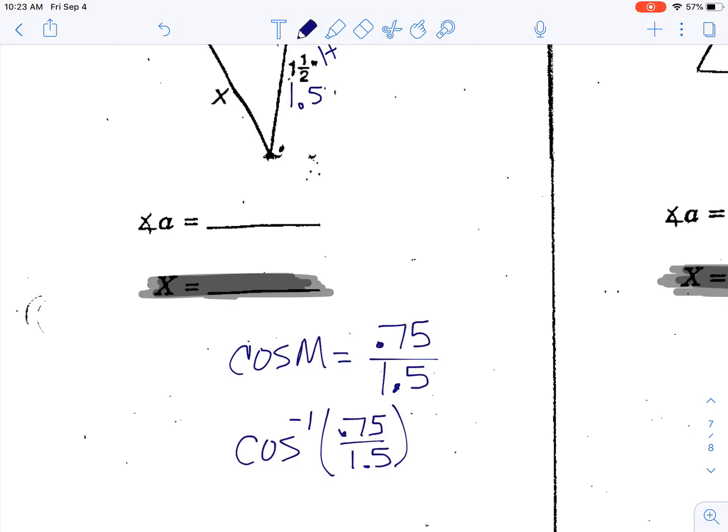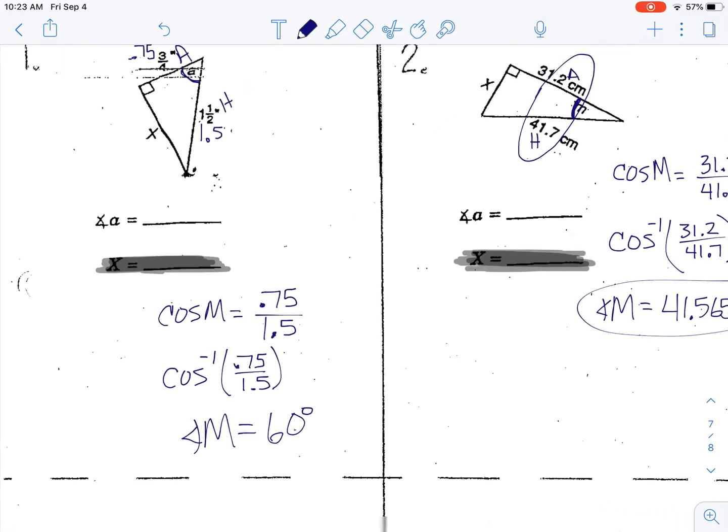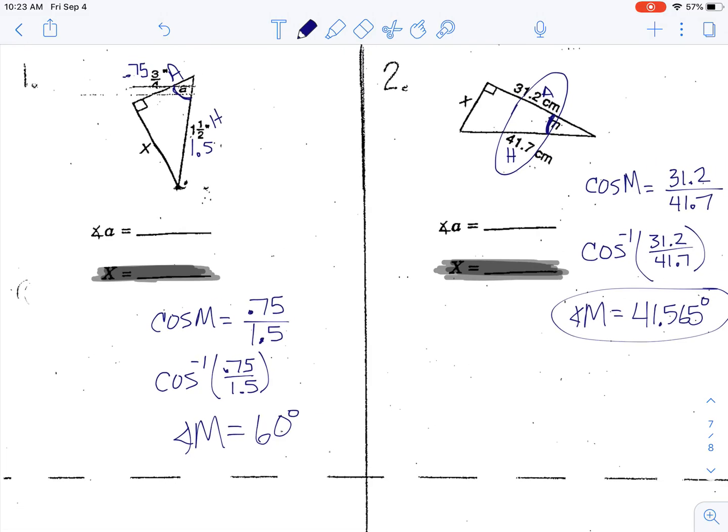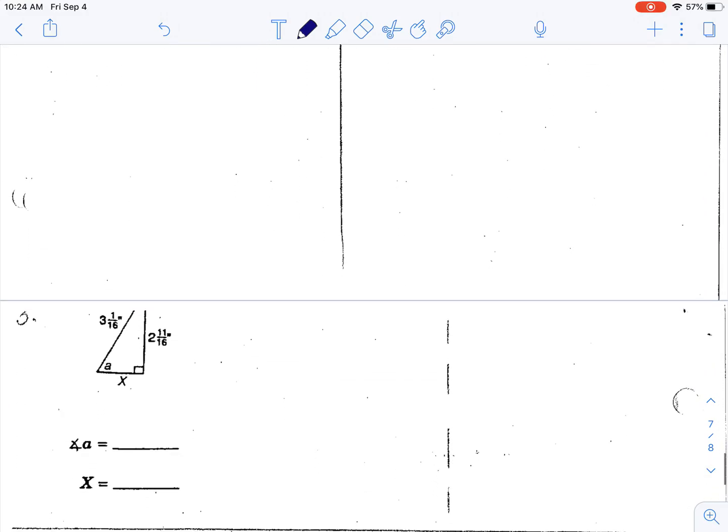So again, in the calculator, you hit the second key, and then cosine, and it should come up with the -1. And you put the rest in, and it's telling me that my measurement of my angle is 60 degrees. Yes? All right.